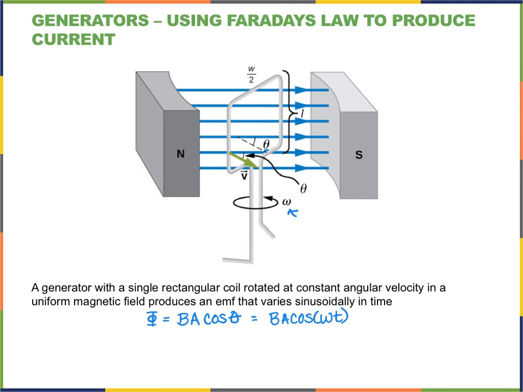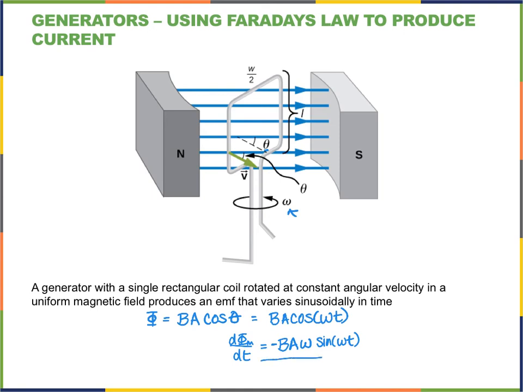Now, if we want to look at the change in the flux with respect to time, we would take the derivative of this. We're not changing the magnetic field, we're not changing the area, but we can take the derivative of the cosine with respect to time. That'll give us a negative sign, and the cosine will change to a sine, and then we take the derivative of the angle, which is going to give us a factor of omega.